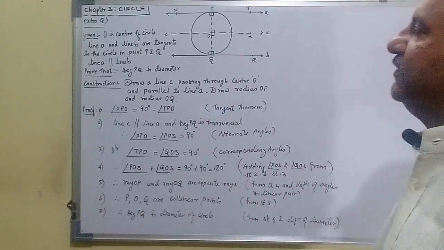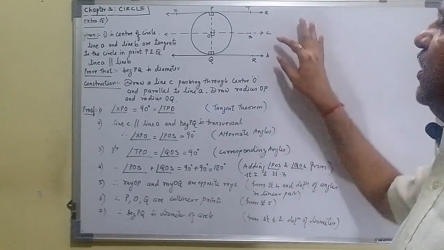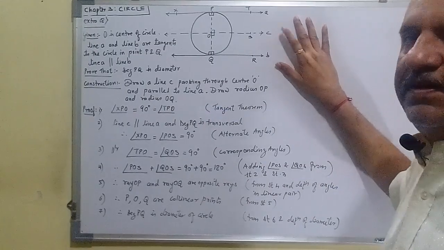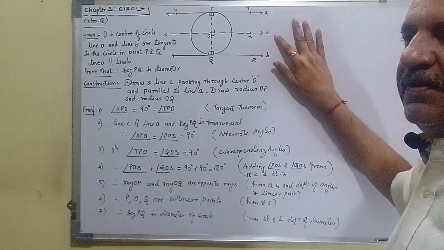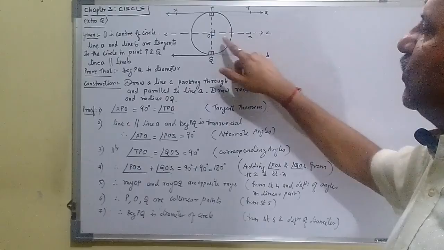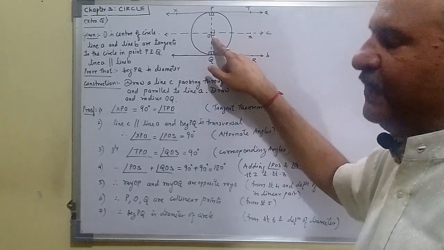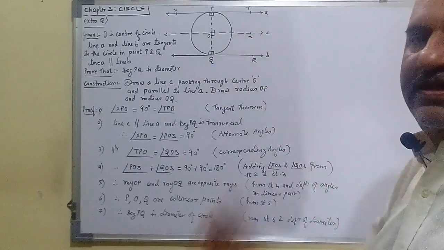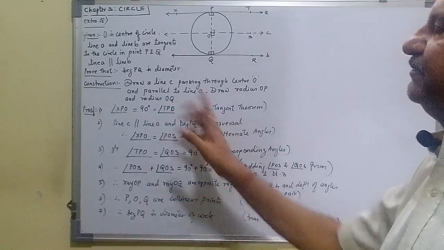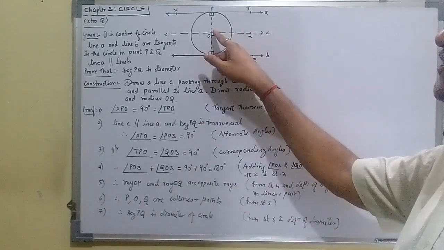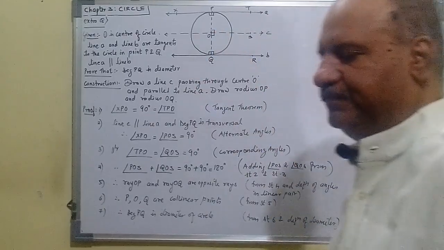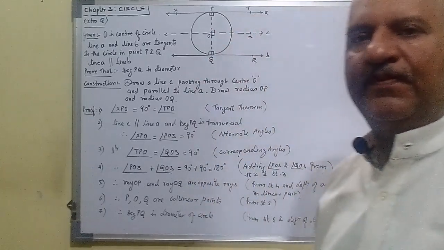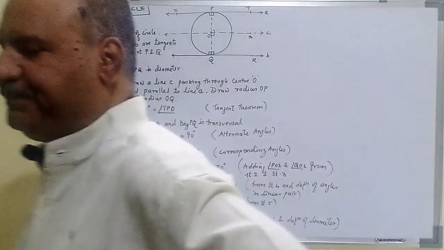So how will we start? We will draw a line C passing through center O, you can see here, and parallel to line A. And then draw radius OP and radius OQ. Look at the first statement.